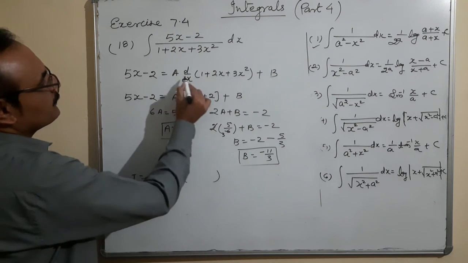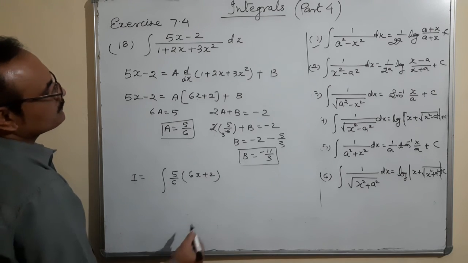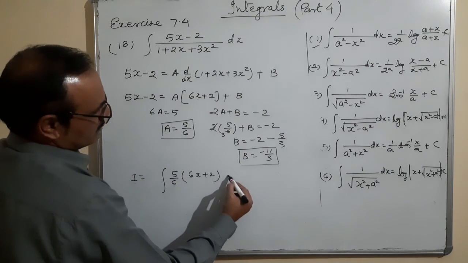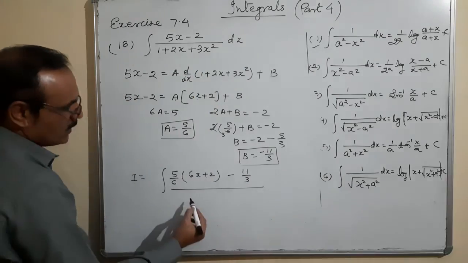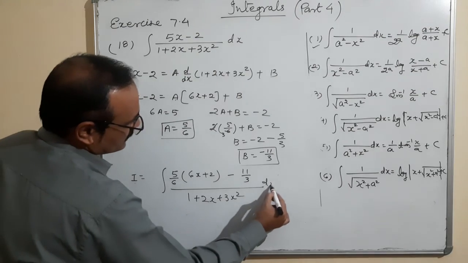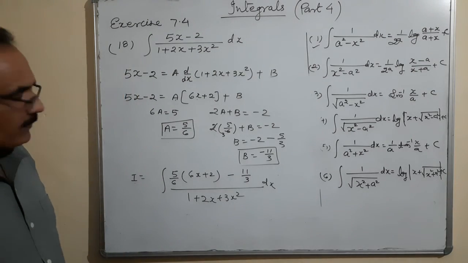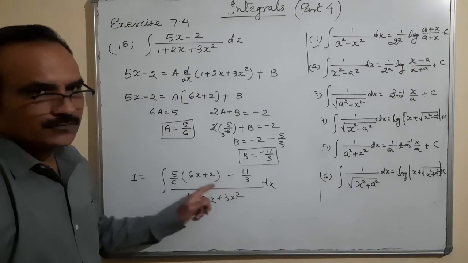It is the differentiation of this term, 6x plus 2, and plus b minus 11 upon 3, whole upon 1 plus 2x plus 3x square into dx. Now, have you understood it? So this 5x upon 5x minus 2 I have written in this form.